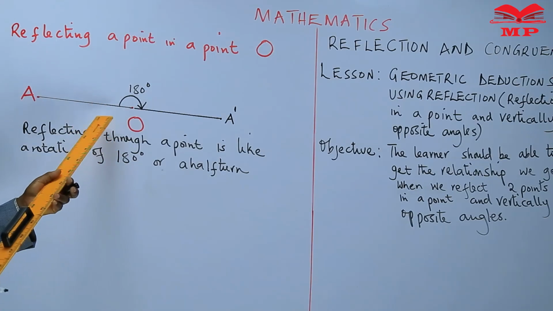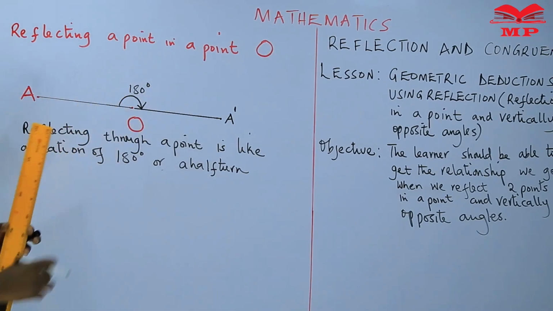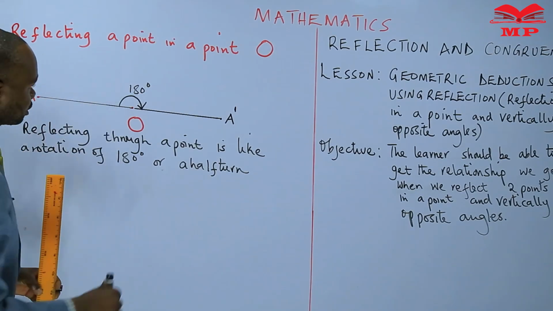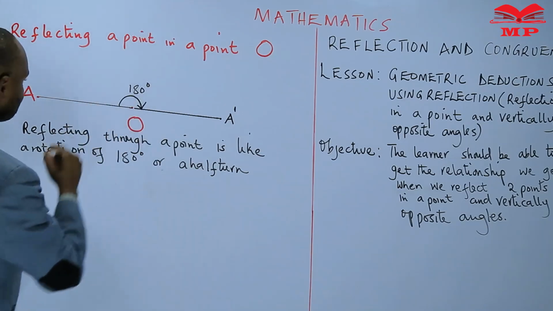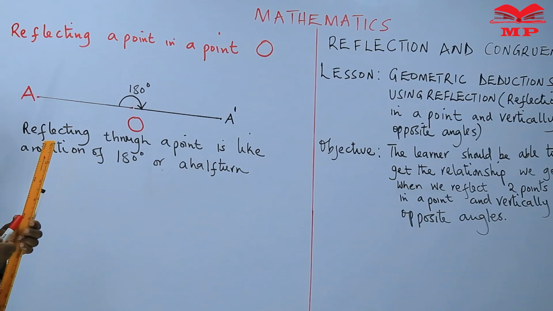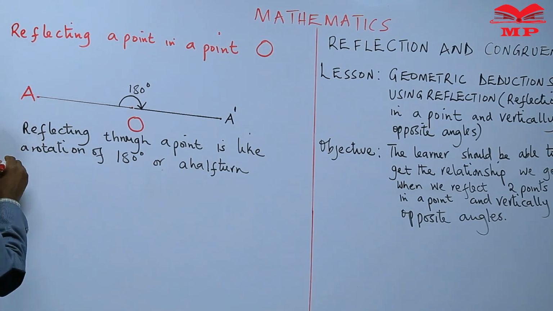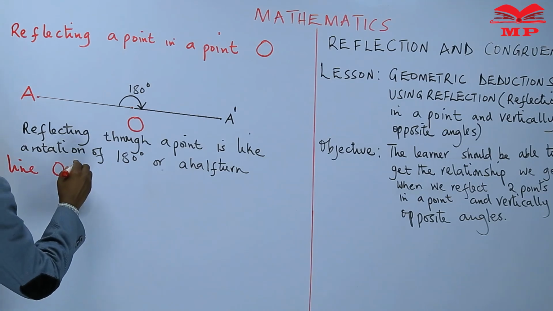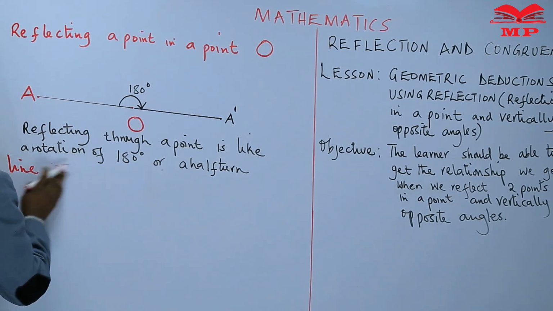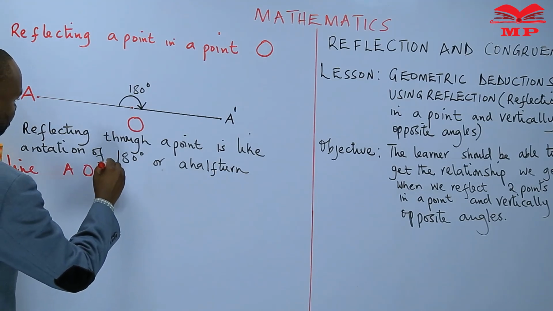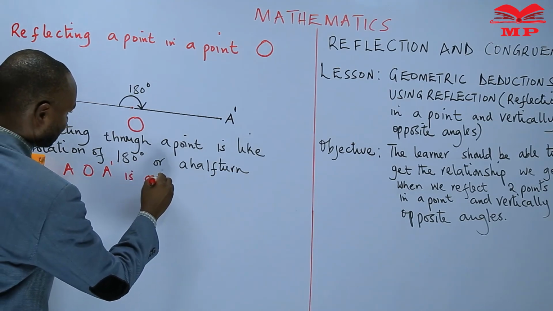Realize that the object distance is the same as the image distance, and line A O A prime is a straight line.